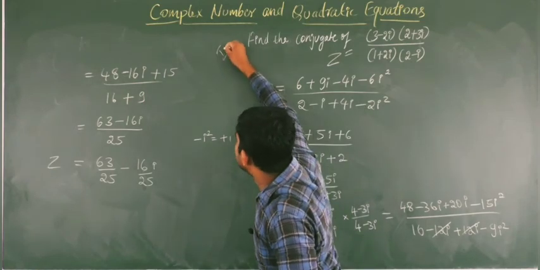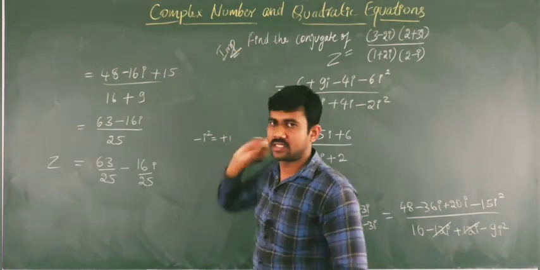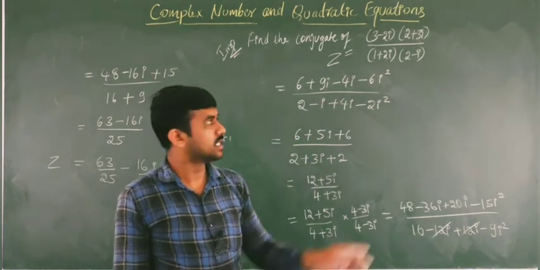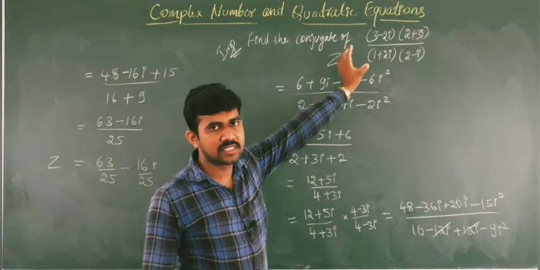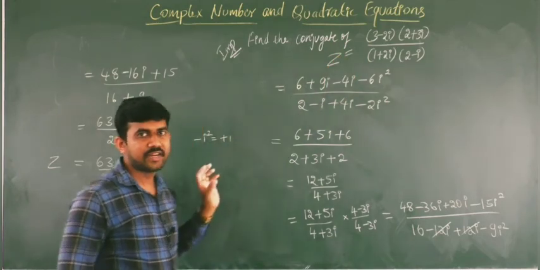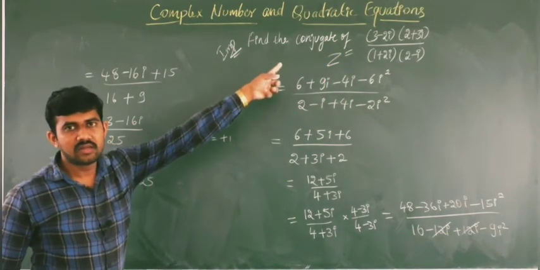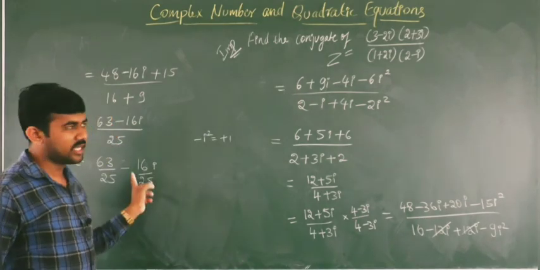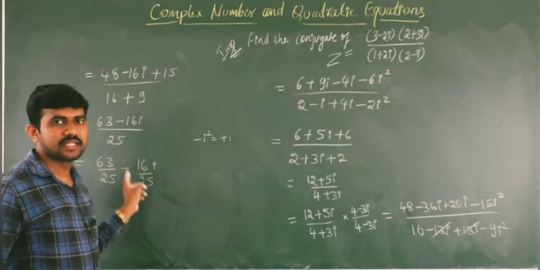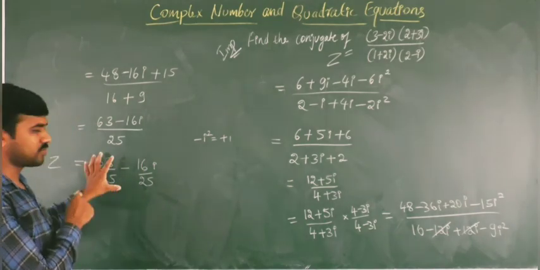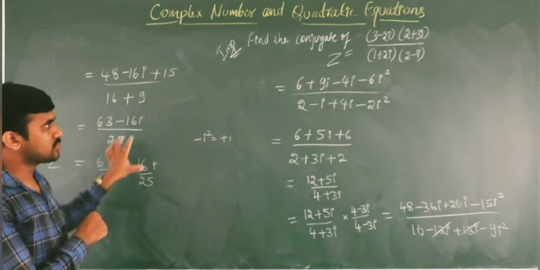So we just found the simplified form only, but we need to find the conjugate of this complex number. The given complex number and this one are the same, because we simplified the complex number and obtained this.